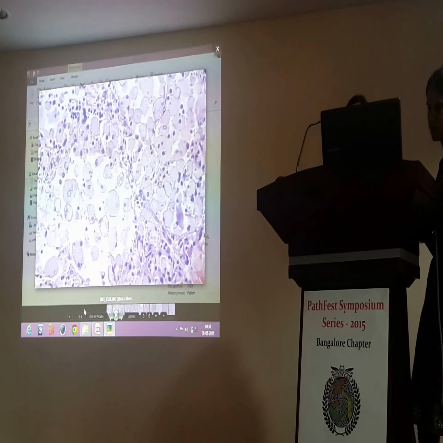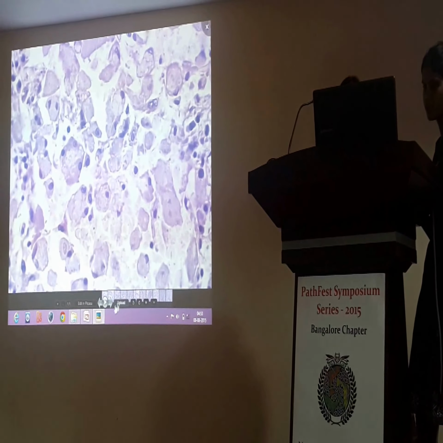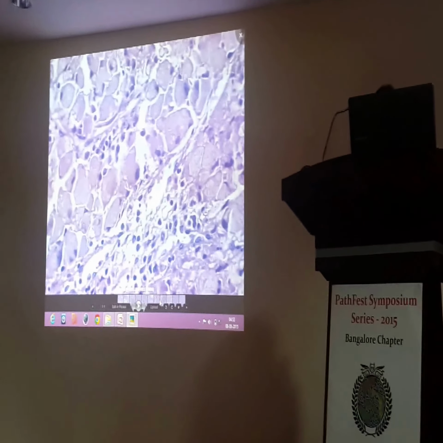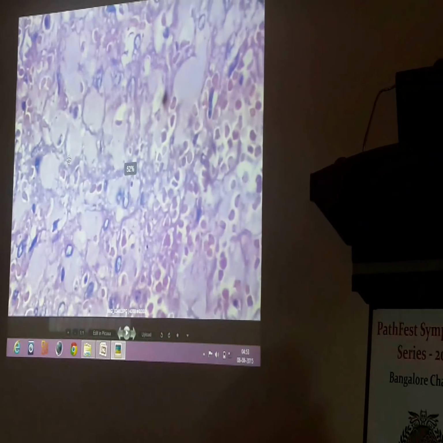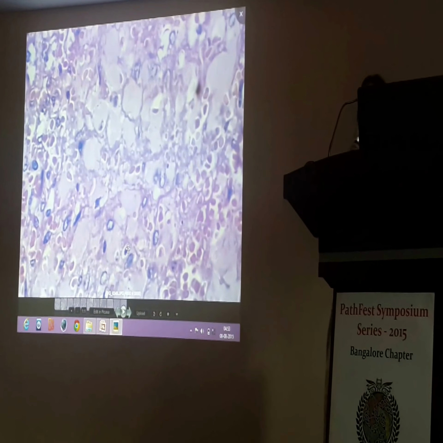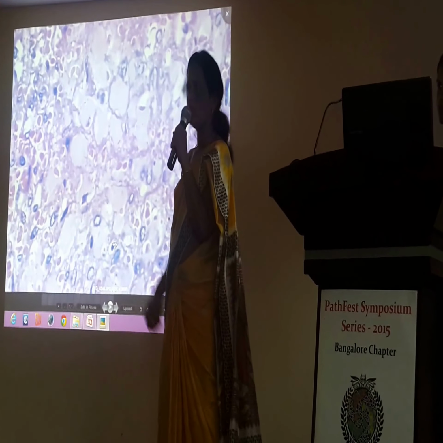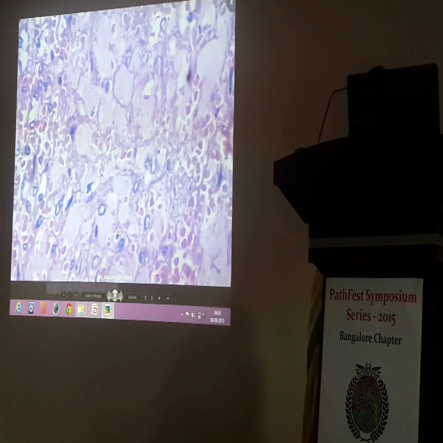You can see that some of these cells, when we saw in the first slide, had no morphological details, but the cells were there. So that is the infarcted zone. This is also partly the cells. Do they have the morphology of the cells I showed you in the previous slide? No. So this is from the infarct area.